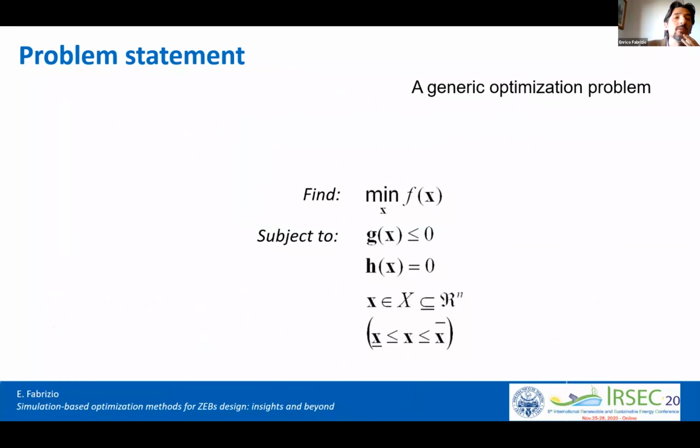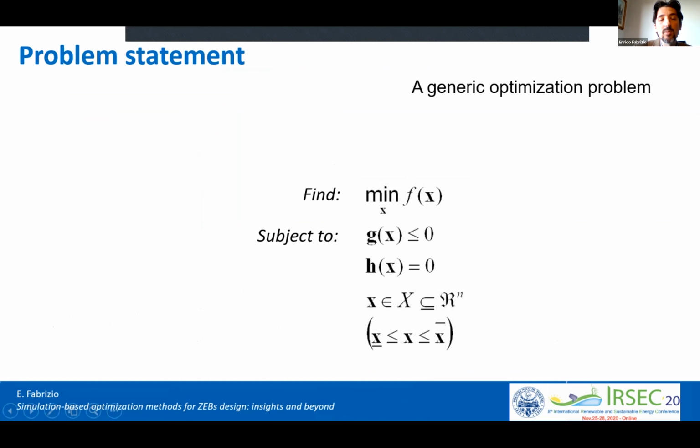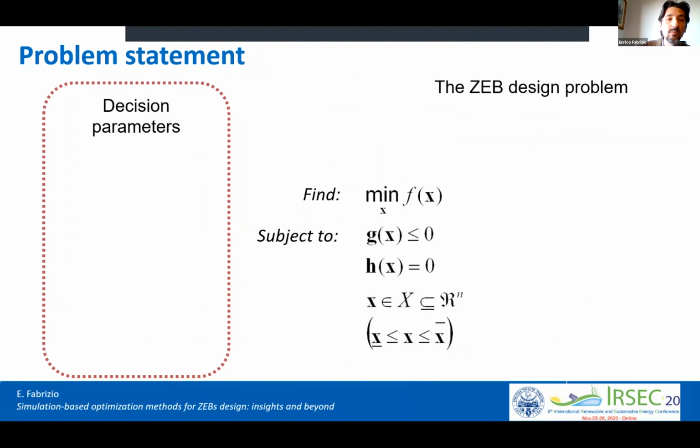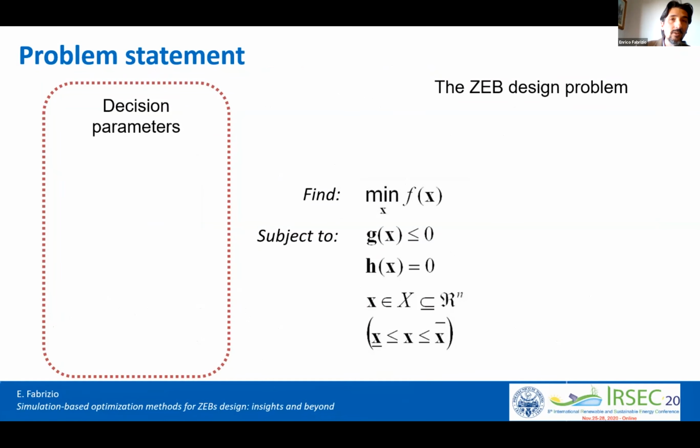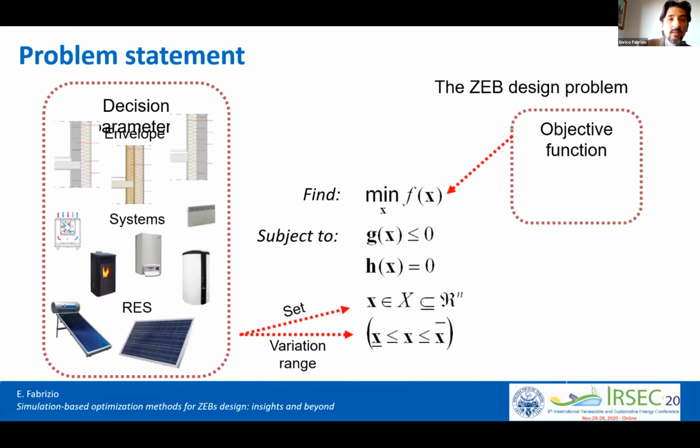Which type of optimization problem? Well, if we state the generic optimization problem, which reads, I have to minimize a certain function subject to some equality and inequality constraints, and to some constraints on the input parameters, and we tailor it to the design problem of ZEB, we can see that there are decision parameters that concern the use of energy from renewable sources, the systems, the envelope, the design.